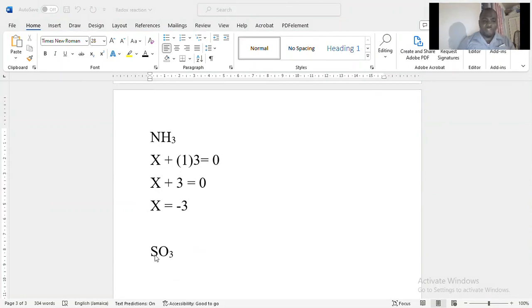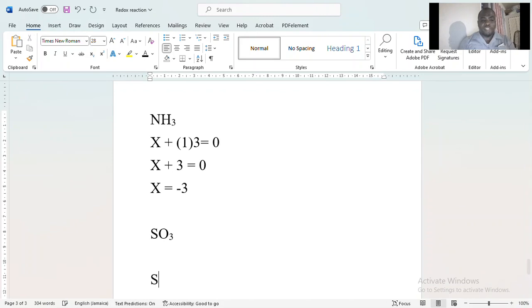Can you figure out the oxidation state of the sulfur in sulfur trioxide? And is it different for the sulfur in the sulfate ion? We're trying those two. Sulfur in the sulfur trioxide, sulfur in the sulfate ion.